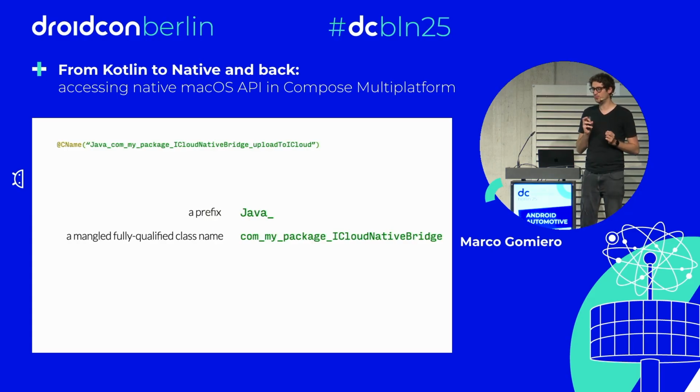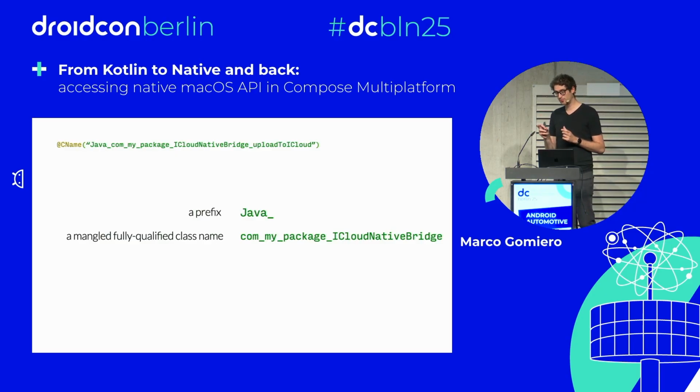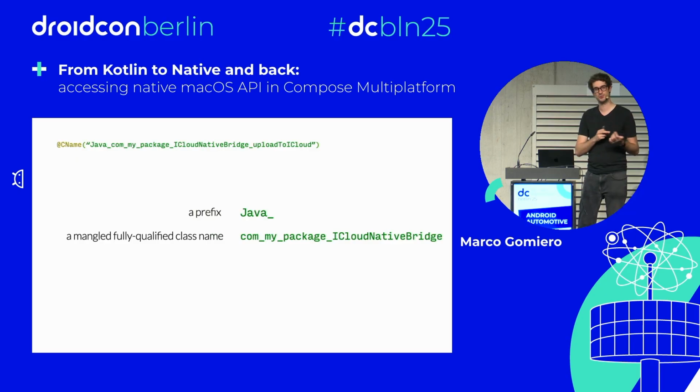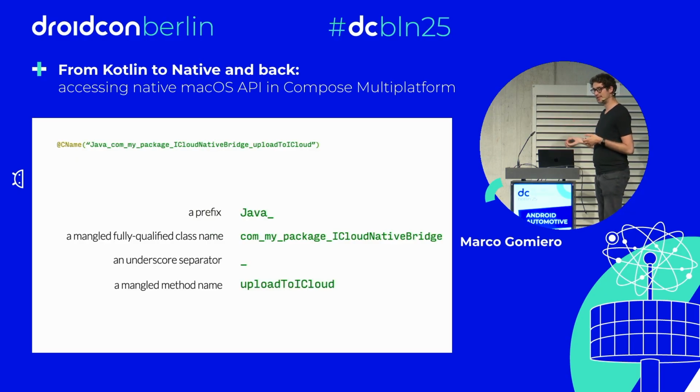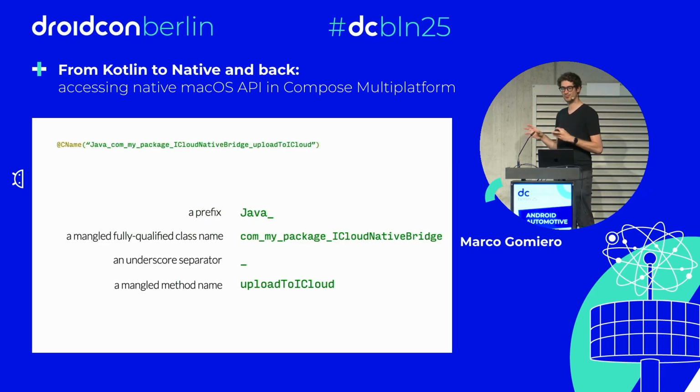But basically, it will be the fully qualified name with the package name and the class name. Of course, mangled, because we cannot have dots, so we replace dots with underscores. Then another underscore, and then the method name that we want to actually use. So this structure will be the ugly method name that the JNI will use to connect the things.